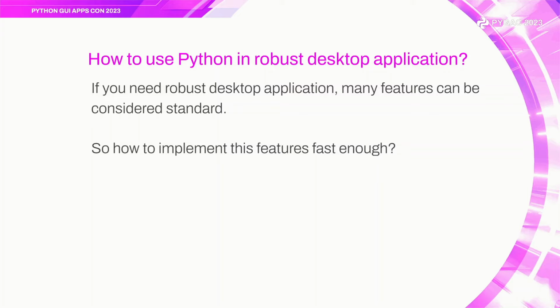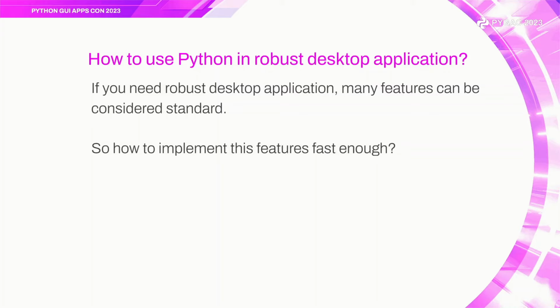Okay, and many features are considered standard when you are talking about desktop applications, and implementing those features in Python sometimes takes a lot of effort, a lot of time, a lot of packages that you have to manage, install, and deploy.